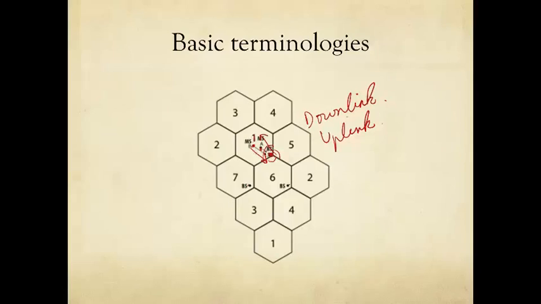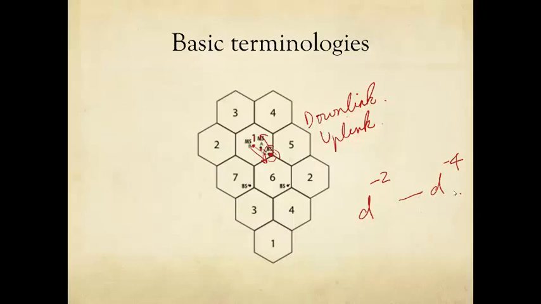Suppose the distance between this base station and this mobile station is d. And the signal drops over distance, roughly speaking proportional to d to the power minus 2 to d to the power minus 4, depending on the propagation environment.